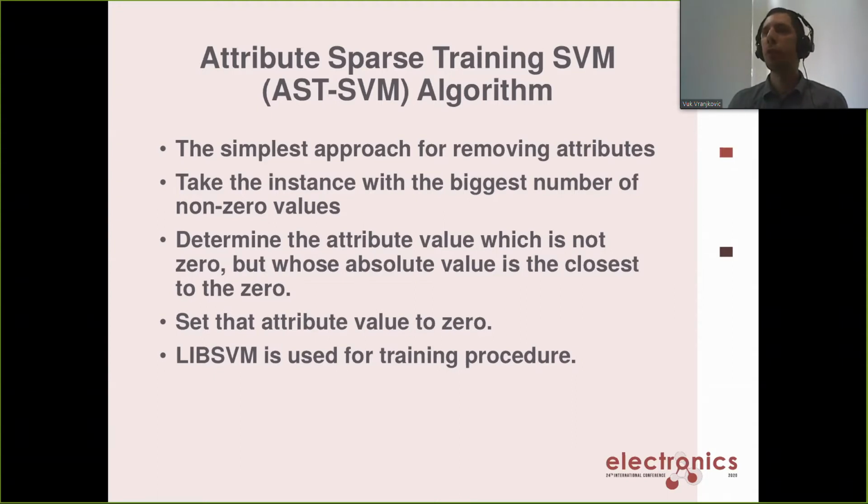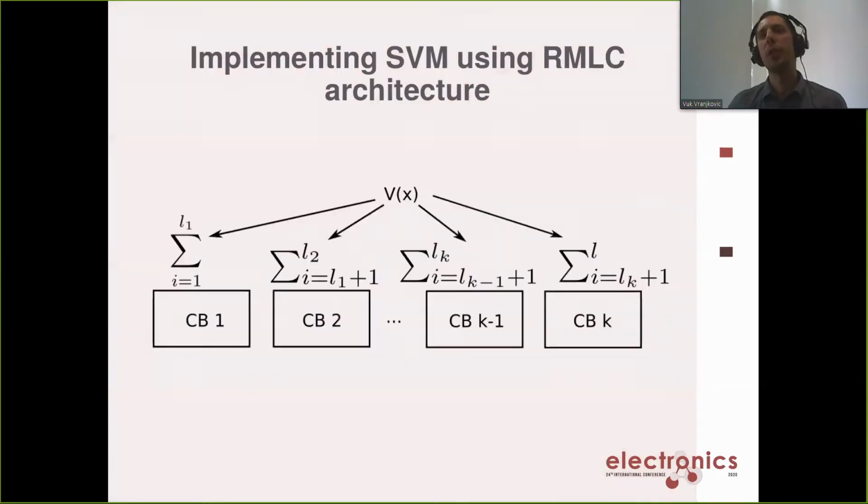We go through the whole data set and turn off some attributes to zero, and then we use regular support vector machine training. For this implementation, we use standard algorithm implemented in LIBSVM for training. That is first phase, which produces sparse support vector machines.